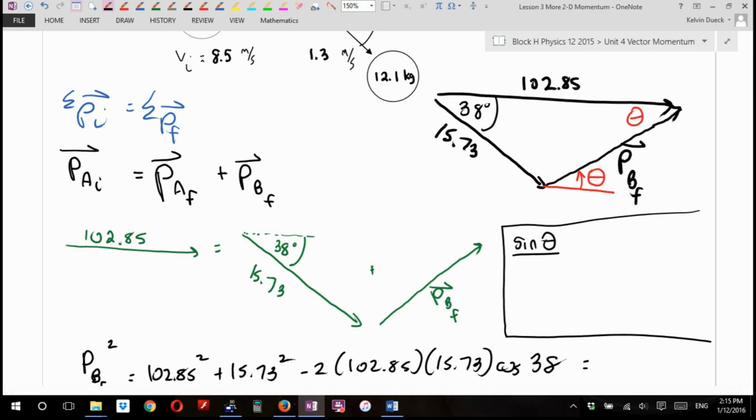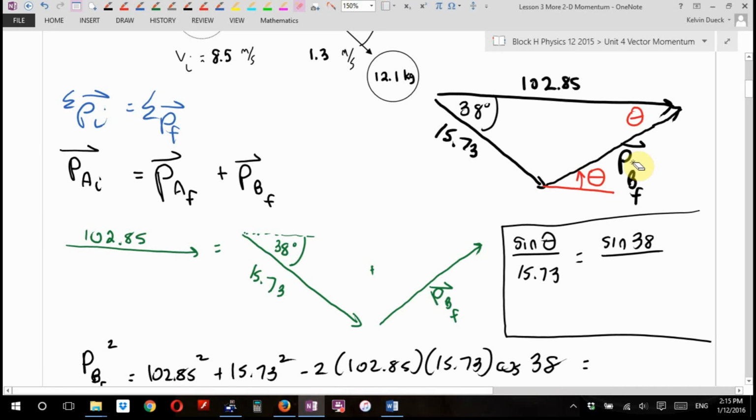The 102.85 or the 15.73? 15.73, what's across from it, equals the sine of 38 over what's across from it, which I didn't know at the beginning of this question, which is why I couldn't use the sine law to start out.